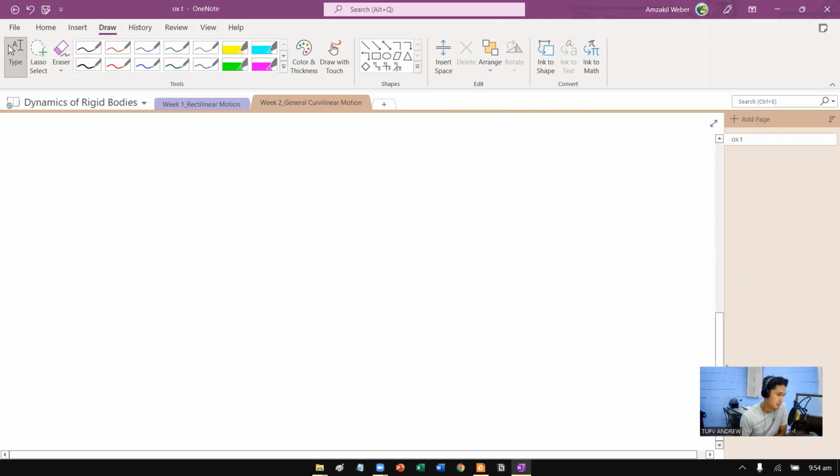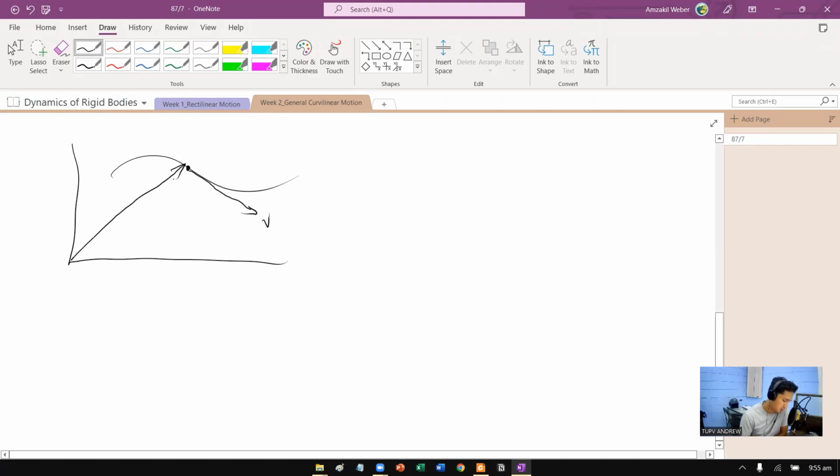Let's go to velocity and let's expose the components. Let's say we have a path again, and this is the path of motion. Here we have our object at that instant. Since it is tangent to the path, I have to draw tangent to the curve. This is our velocity vector v.